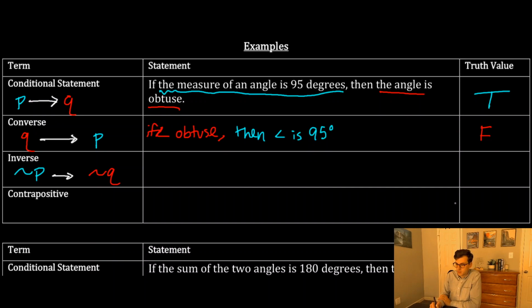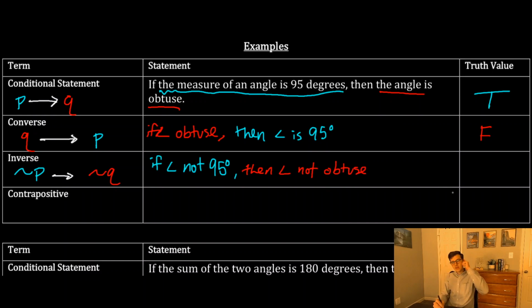Well, that would mean that if the angle is not 95 degrees, then the angle is not obtuse. And again, just like last time, if it's 100 degrees, that's not 95 degrees and it is obtuse. So yeah, just be careful there. That is also false.